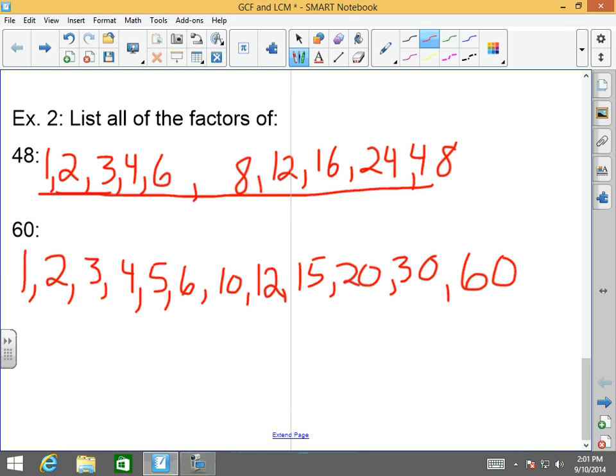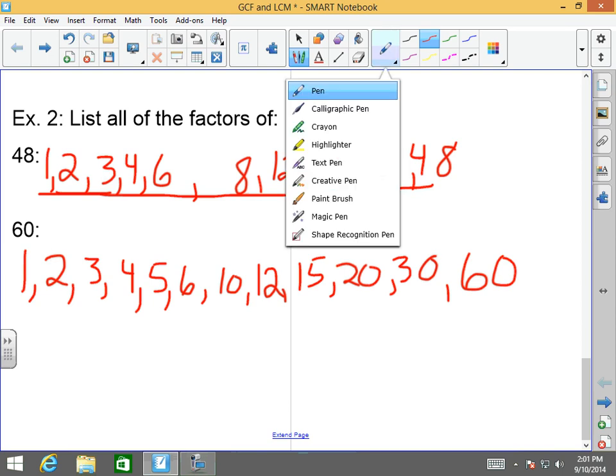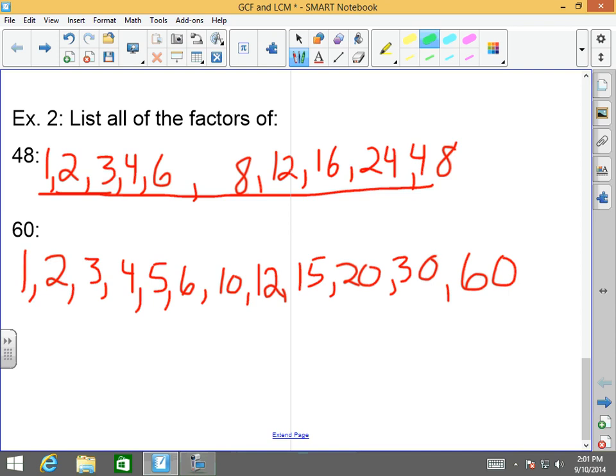Now, where we're going from here, the whole point of this is the greatest common factor. What is the greatest common factor between 48 and 60? What is the largest factor that both of them have in common? Yes, 12.